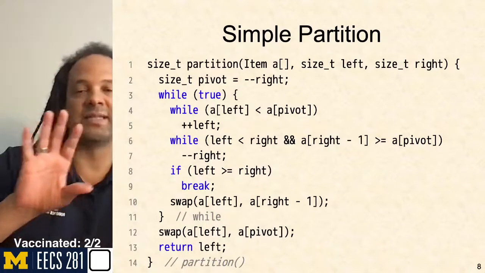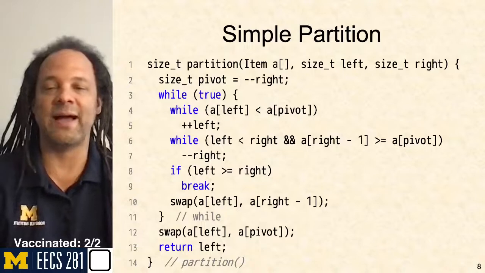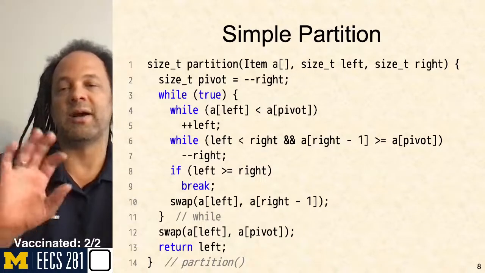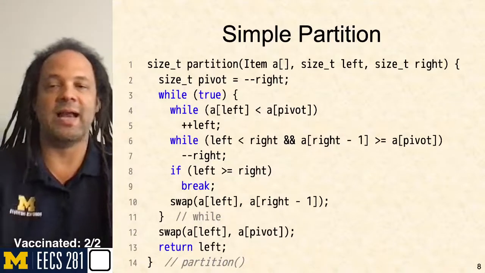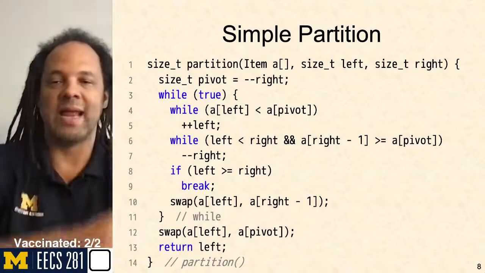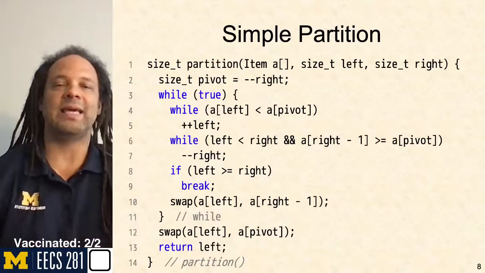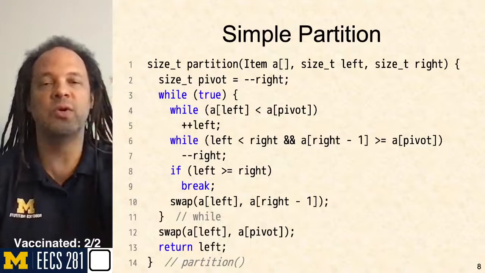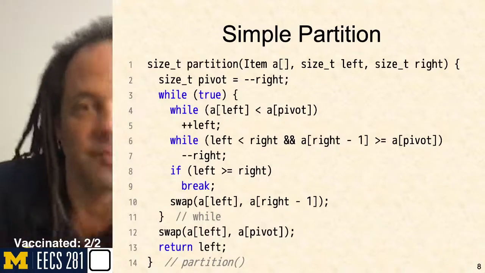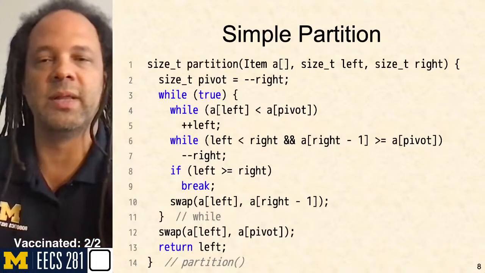The things in the left-hand side are supposed to be small. If I can find something large in the small side and something small on the large side and swap them, then I'll be doing the things that I wasn't getting out of my elementary sorts. Each one of my swaps will be giving me two improvements, right? So that's what we're going to be looking for.